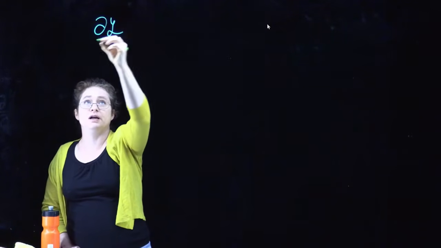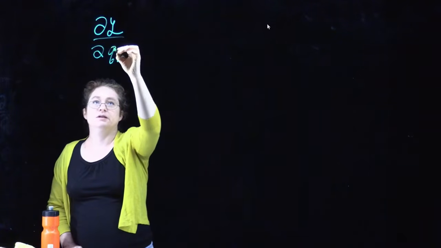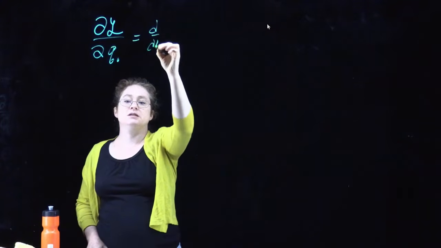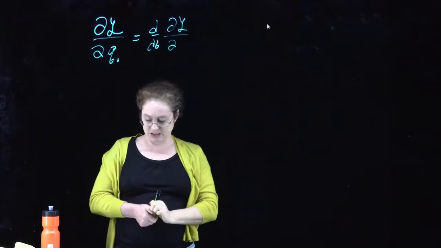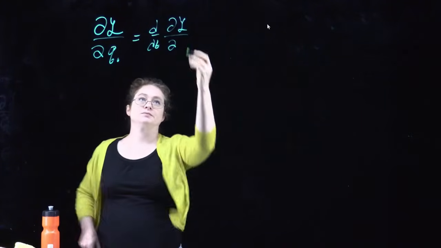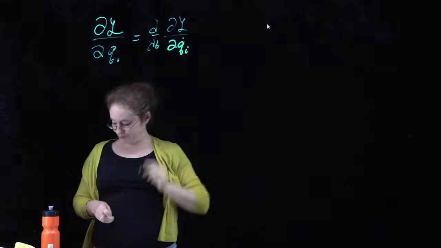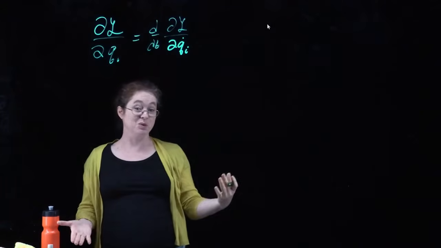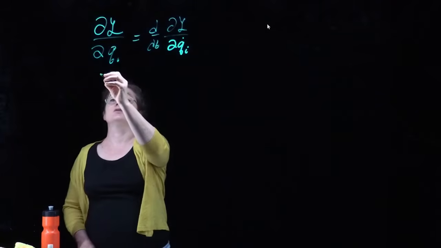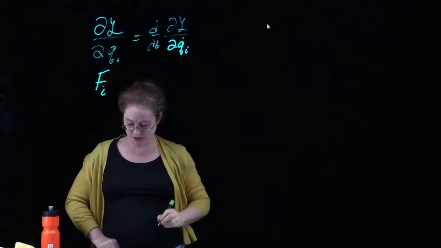So our Euler-Lagrange equations are partial L, partial Qi, equals d dt partial L partial Qi dot. So we have introduced the concepts of generalized momenta and generalized forces. So this is our generalized force, Fi.